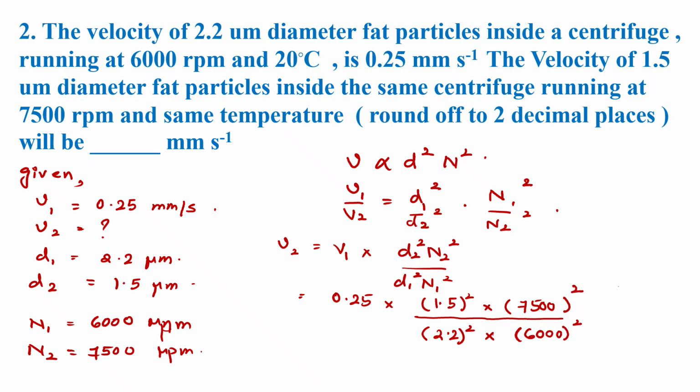Calculating this, we'll get the value of V2, which will be around 0.18 mm per second. Now we have to round it off to 1 decimal place, so we can write V2 is approximately 0.2 mm per second. So this will be my answer.